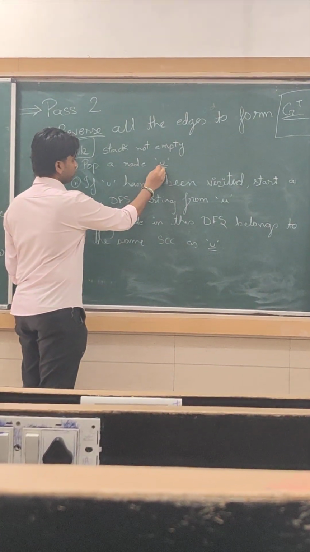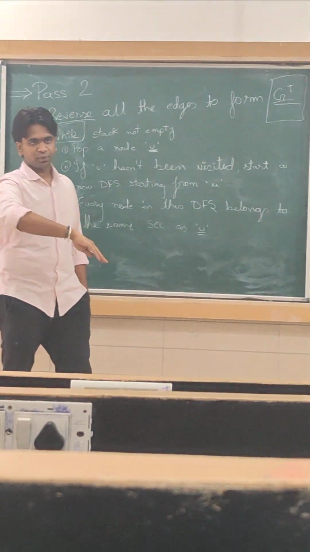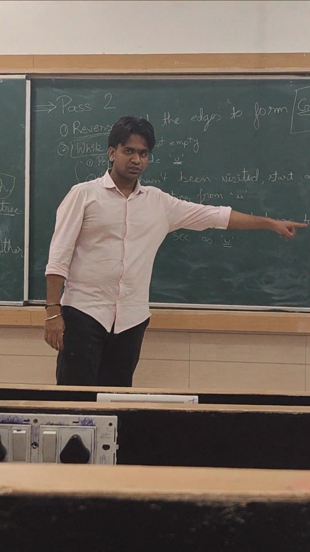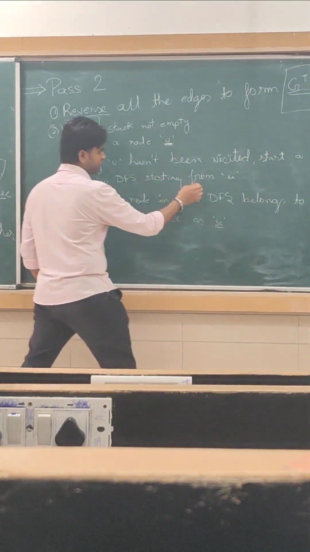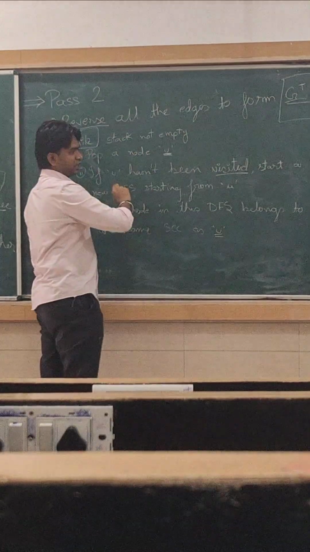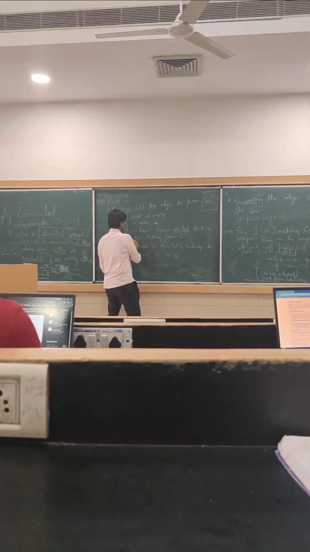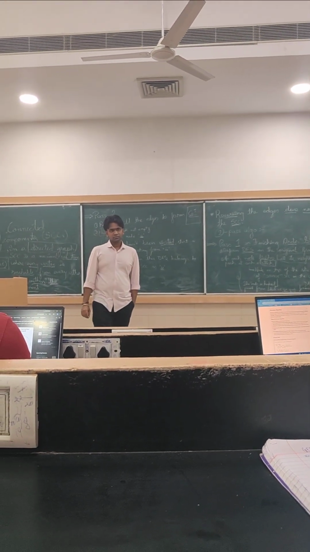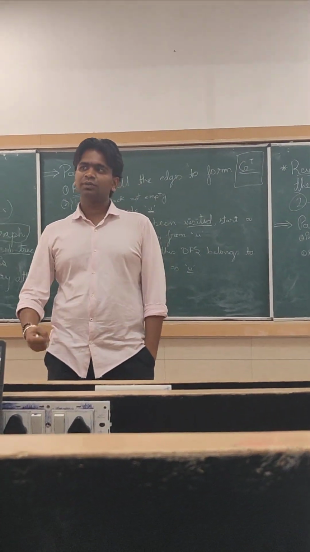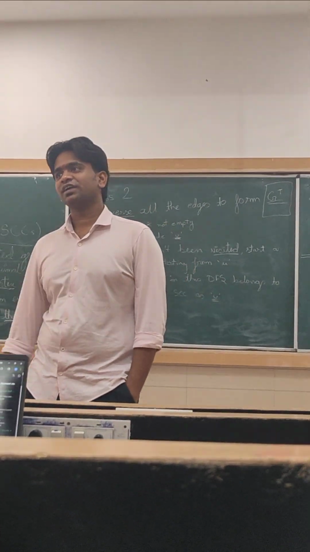You will pop a node U जो stack के top पे है. उसकी खास बात क्या है? We have already discussed. If U hasn't been visited, then you start a new DFS. You getting this? जितनी बार भी नया DFS start करोगे, एक नया strongly connected component.